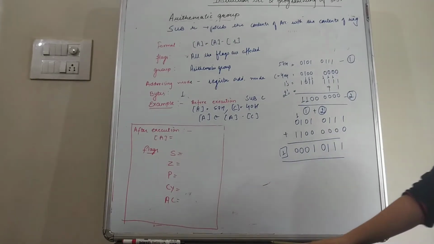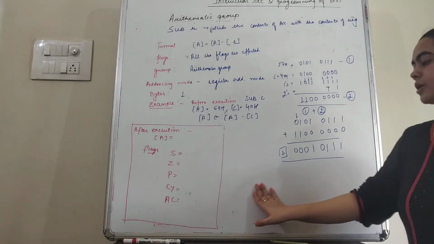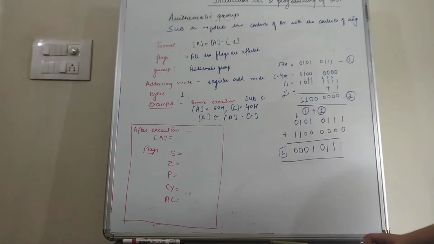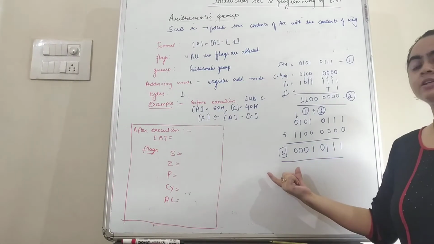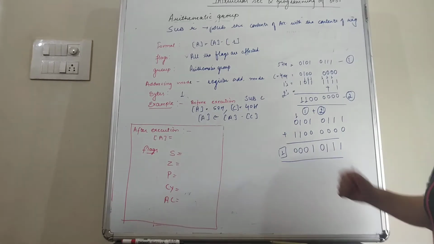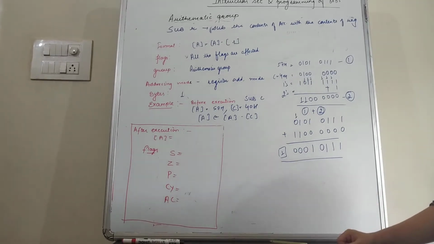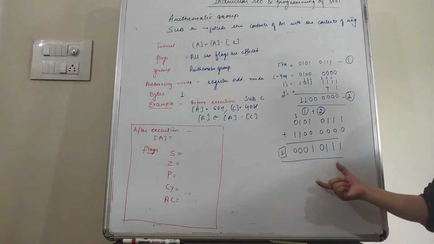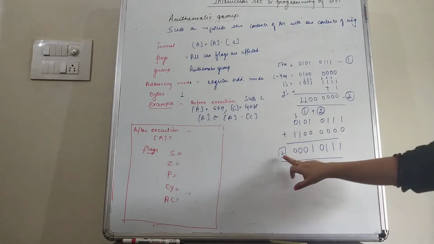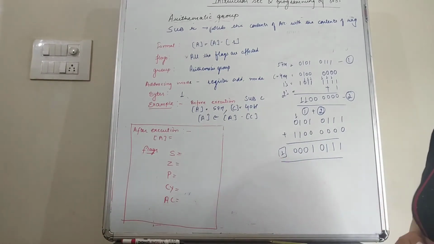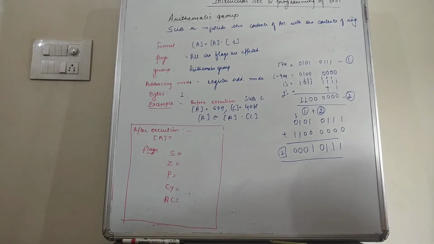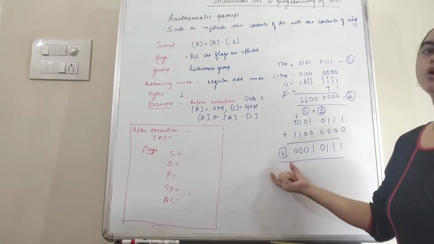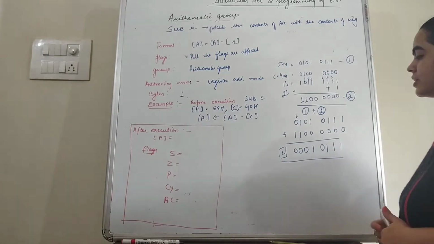Now last year we have studied about the 2's complement. If the carry is present, then we can add that carry with the result. But in this case, if the carry is present, that means we can reset the carry, or if the carry is not present, that means we can set the carry.